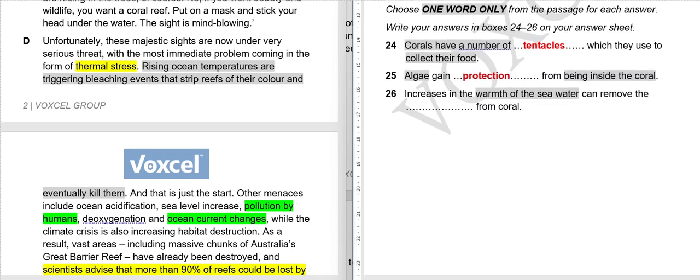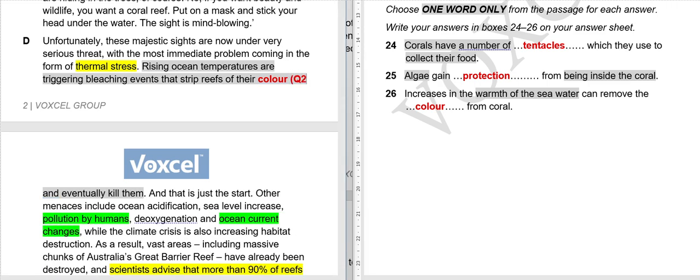The answer to this question is color. I hope you arrived at the correct answer. If not, don't worry, I will tell you why this is the correct answer.